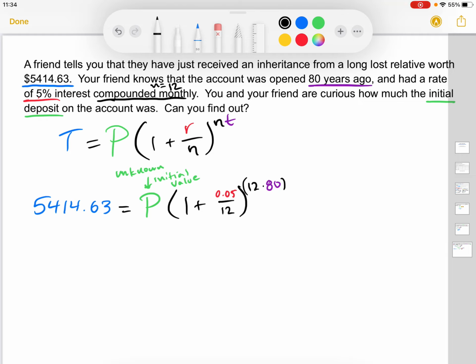Okay, so now we need to find this unknown initial value. And in order to do that, we're going to be solving this algebraically.